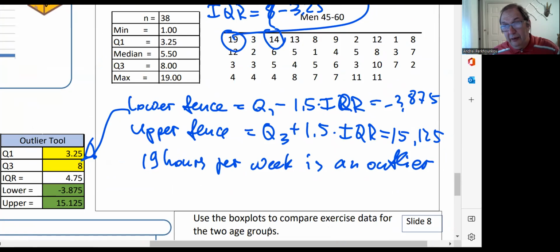And well, that means that typically 45 to 60-year-old men do not exercise that much. It's very unusual. That probably some kind of ex-athlete or very involved in sports individual who ended up on that list. But regular people don't spend that much time exercising.